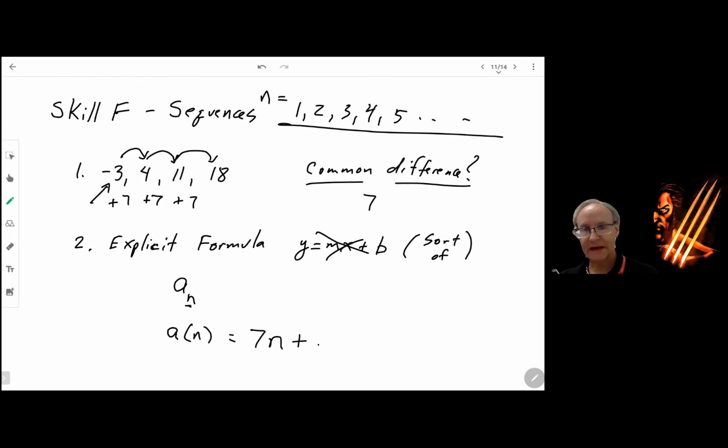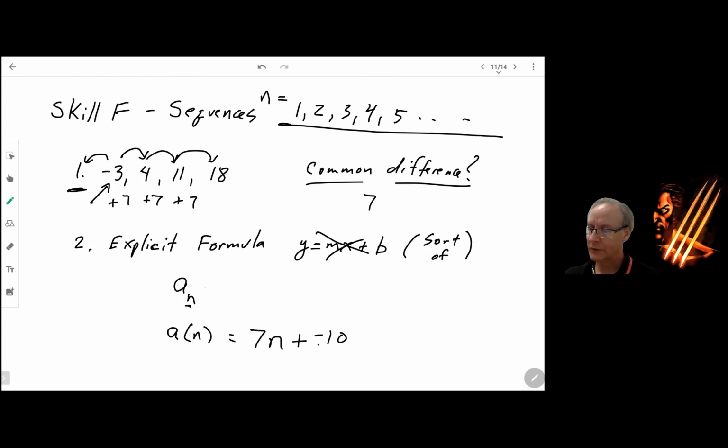And in order to find that, you just have to go backwards 7. And you'll find your b value, if you like. And in this particular case, it is the number that came before the -3. Think about it. Since we're adding 7, in order to get backwards 1, we have to subtract 7. And that gives you -10.